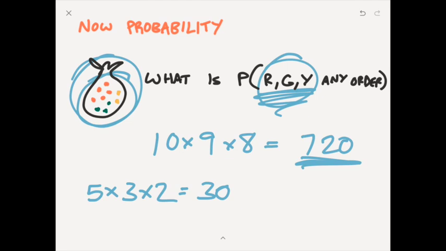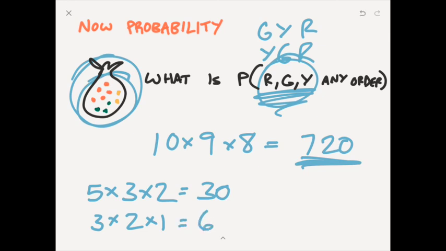But in this case I don't care about order, so I would also accept yellow, green, red, or green, yellow, red, or a number of other permutations of those 3 colors. So how many different permutations do I have to account for? I can find that by saying 3 times 2 times 1 for the 3 different colors I'm looking for, or 6 permutations of red, green, and yellow.